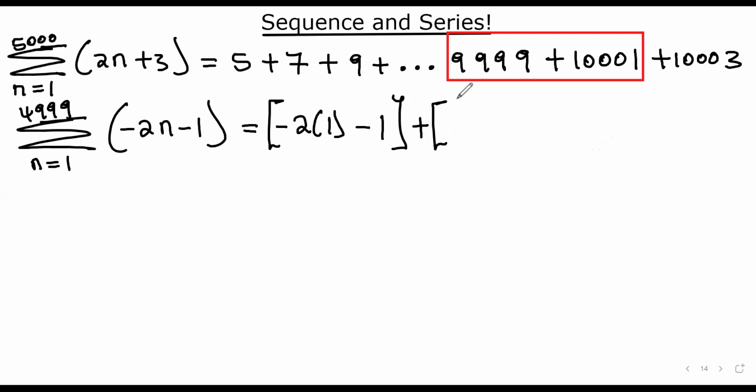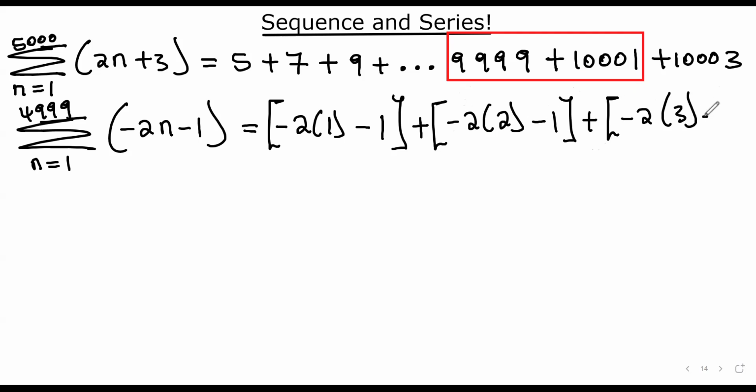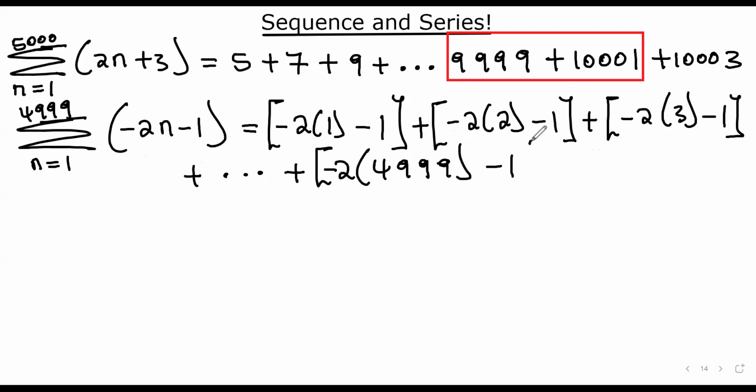Then we say, okay, fine. We have -2, in fact, 2 there. And then we still have -2 into 3. And we can add many terms in between up until the last term, which we obtain by substituting n equals 4999. Right.